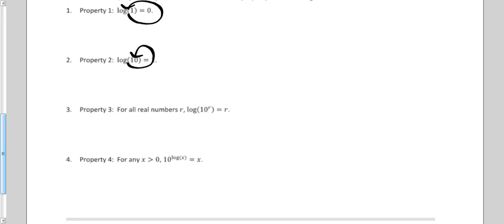Now, how about this? For all real numbers, meaning any number that you can think of, other than the ones with i in it. Who remembers what i means? i equals the square root of negative 1.